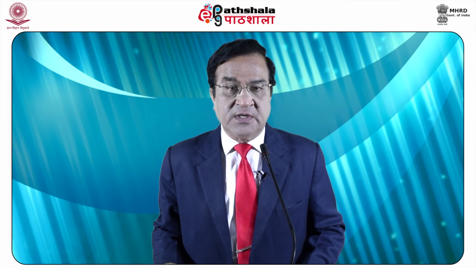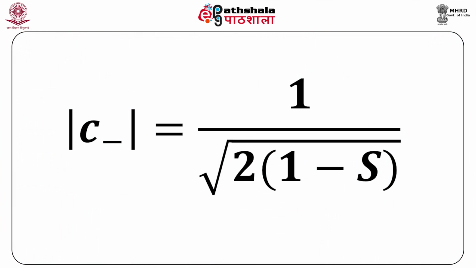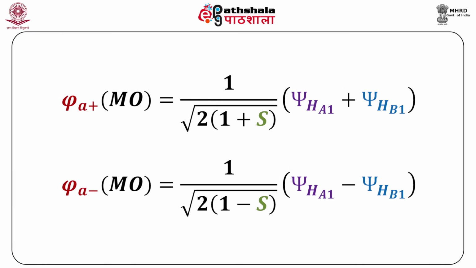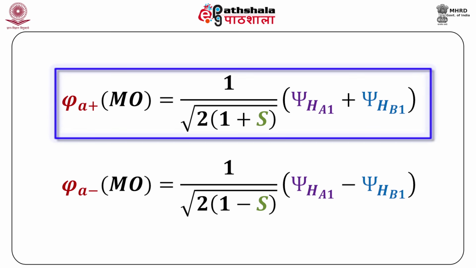So in the case of the negative combination, the corresponding value of the coefficient comes to be 1 upon the square root of 2 into 1 minus S. And therefore our two molecular orbitals become: phi A plus, the bonding molecular orbital, is given by 1 upon the square root of 2 into 1 plus S, times psi HA1 plus psi HB1.